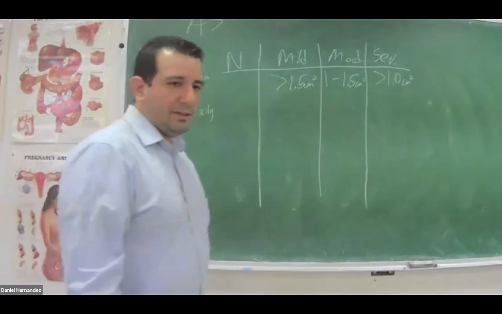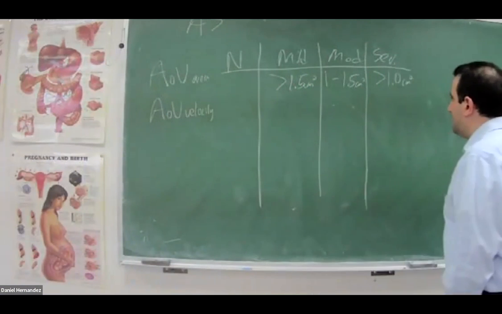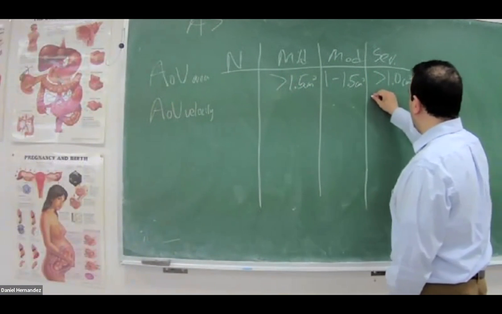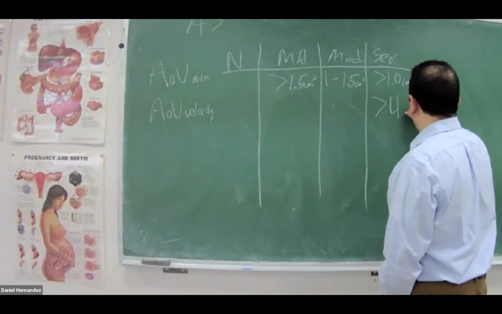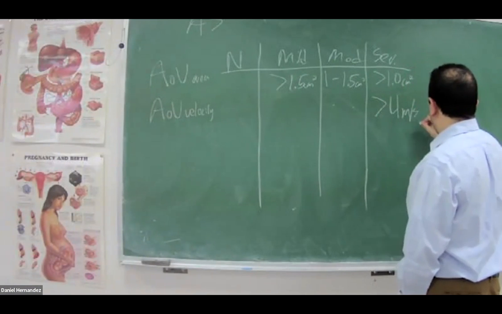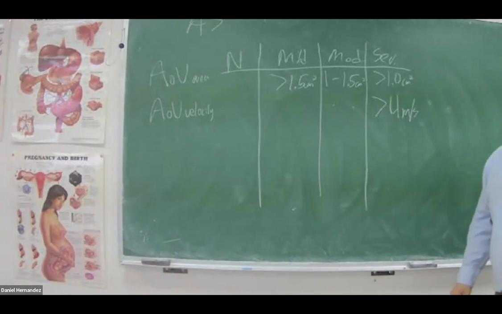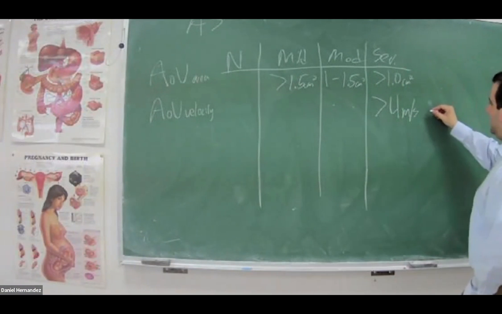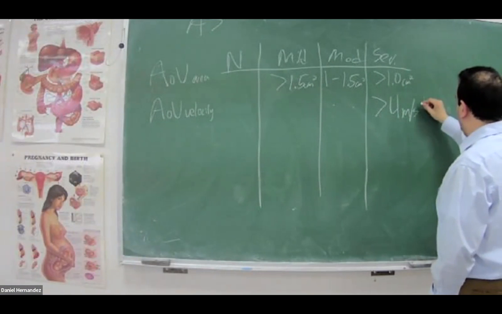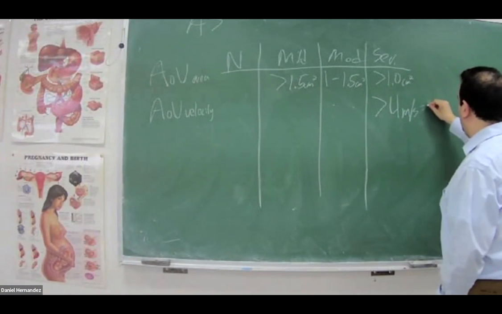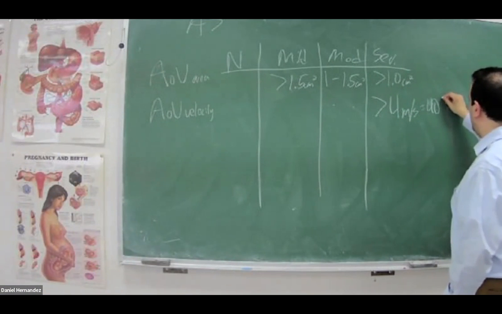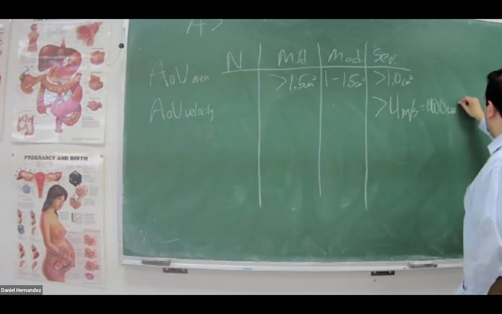Again, I like to start with severe. Severe is aortic velocities greater than 4 meters per second. If they give it to you in a different unit, 4 meters per second equals 400 centimeters per second.